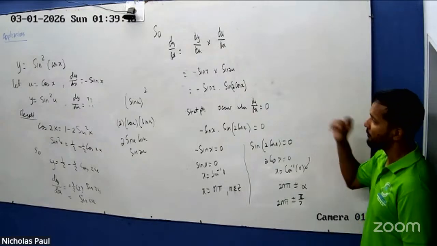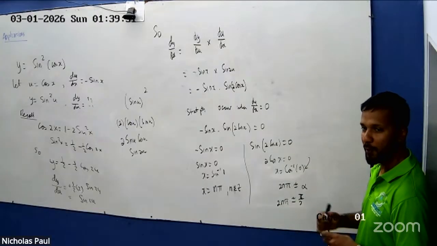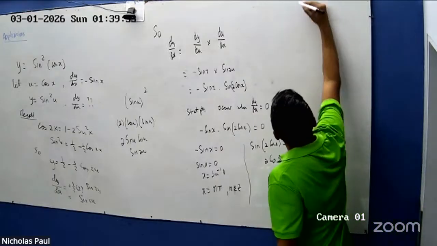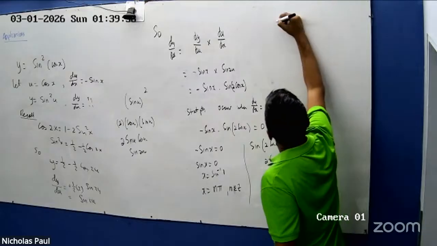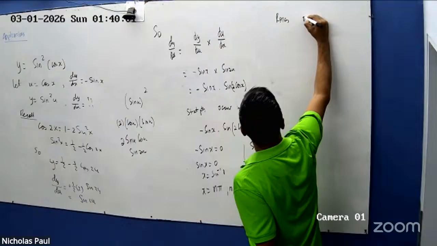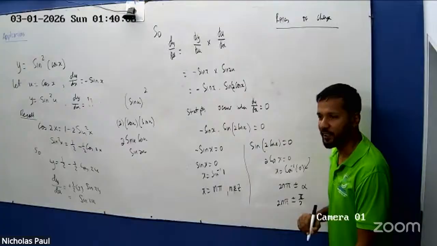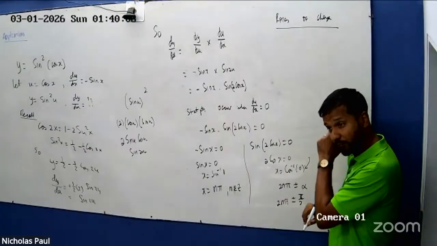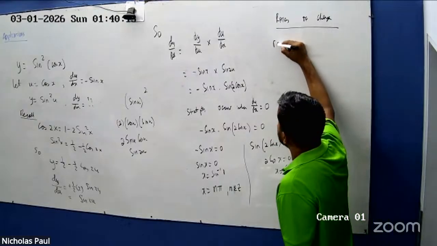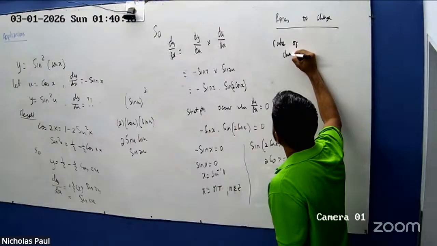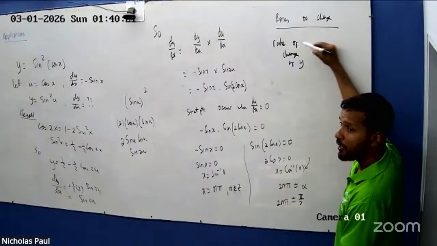After this, we want to do one question on rates of change. Do you all remember the principles of rates of change? How do you know a rates of change question? You see the word rate. If you say rate of change of y, how do you begin to solve that?